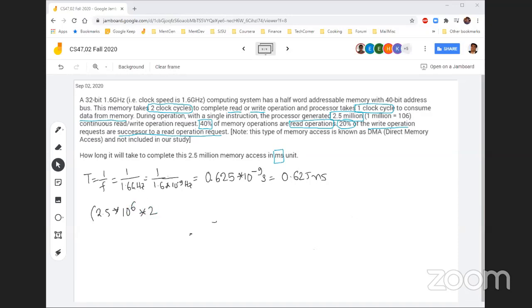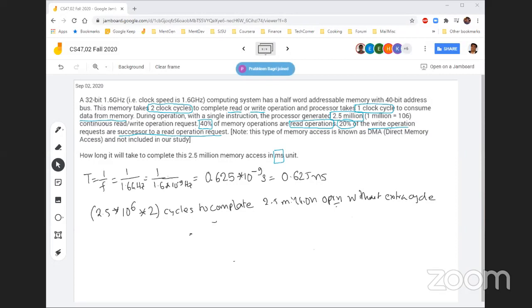That many cycles are needed to complete 2.5 million operations without extra cycle consideration, if we don't consider the extra clock cycle delay due to back-to-back read and write operations.